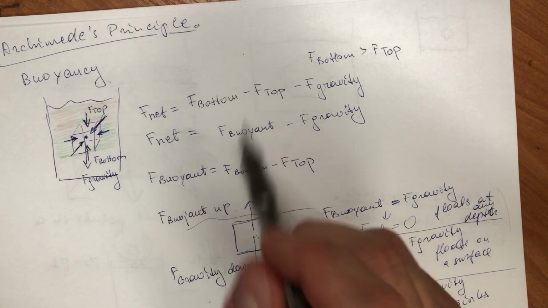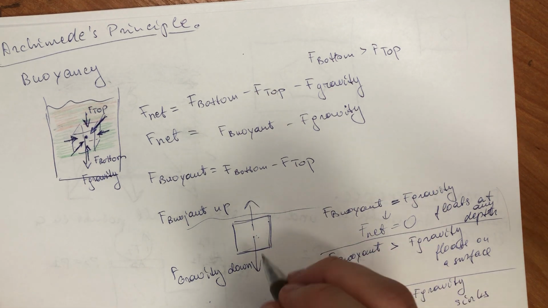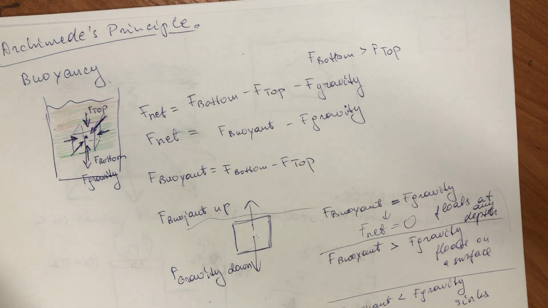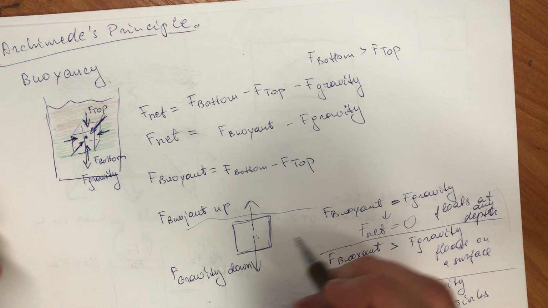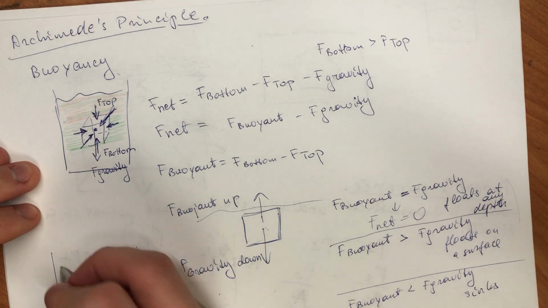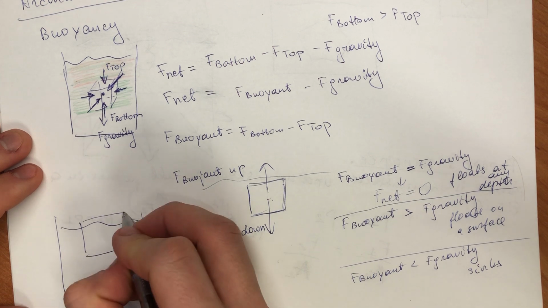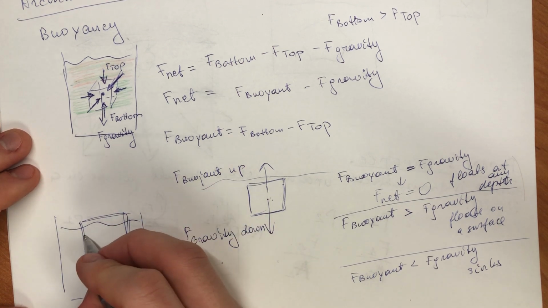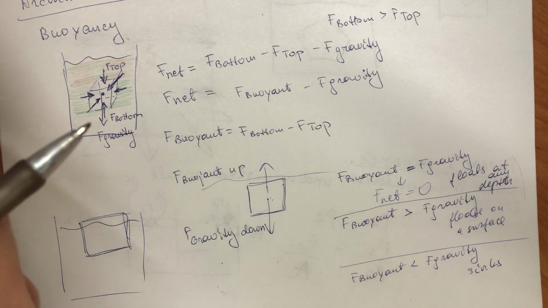Basically, Archimedes' principle says that an immersed object tends to displace the volume of water that is equal to the object's volume.